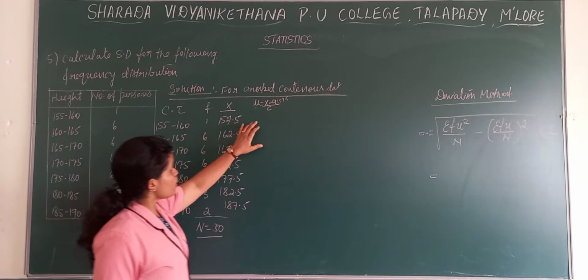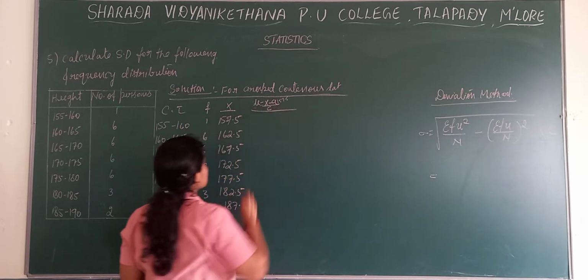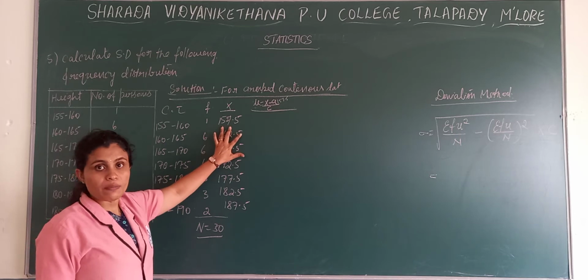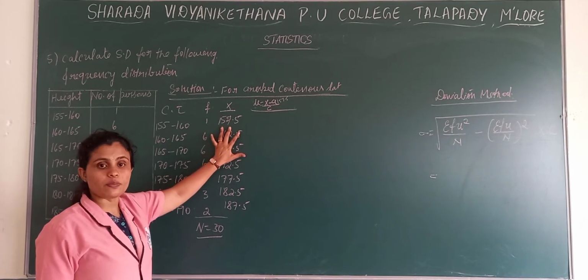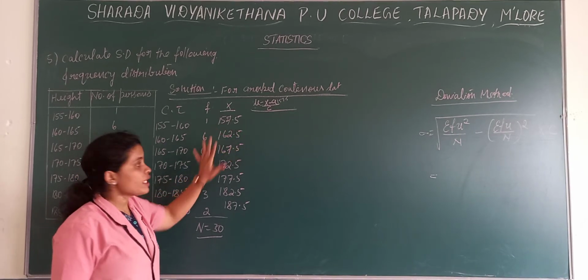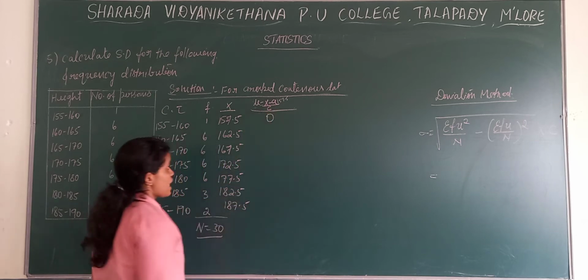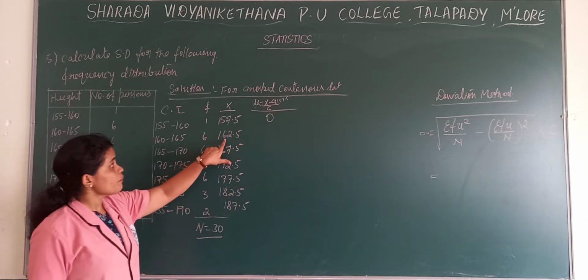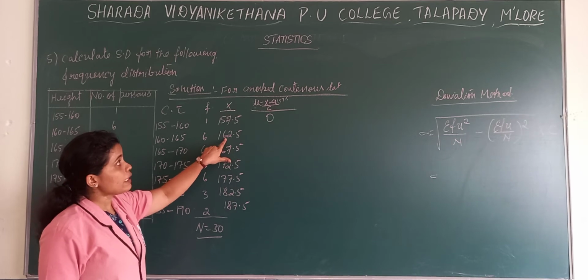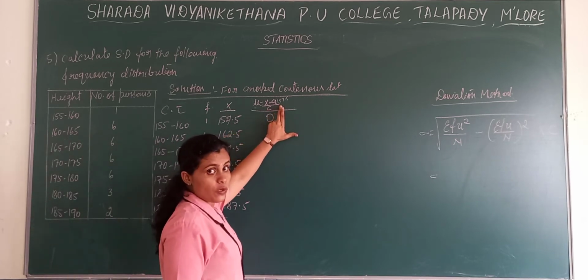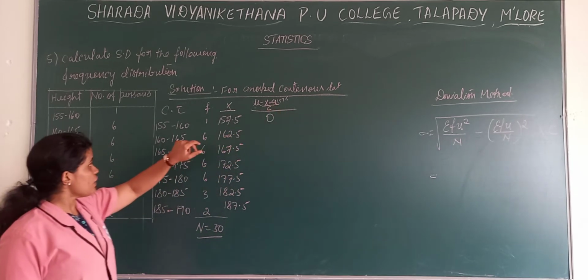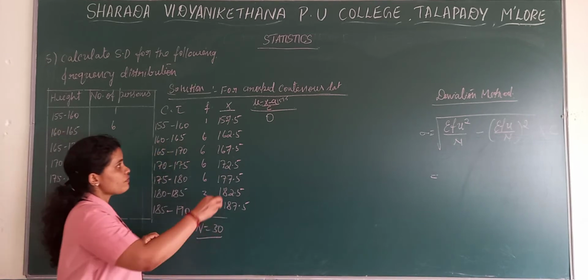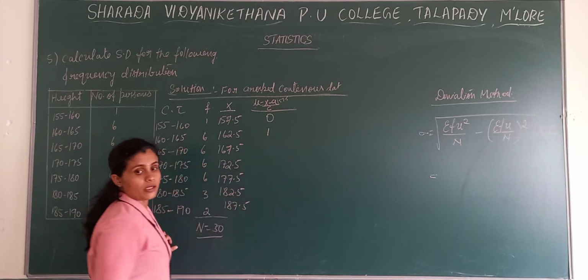So how do we find u? Here 157.5 minus 157.5 divided by 5, so we get the first one as 0. Next one, 162.5 minus a, which is 157.5, divided by 5. So we get the value 1.